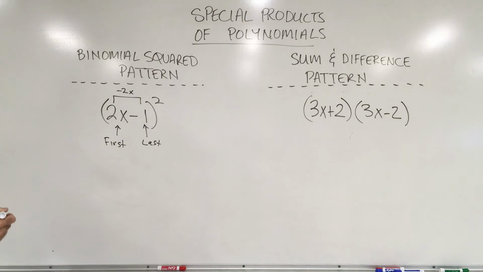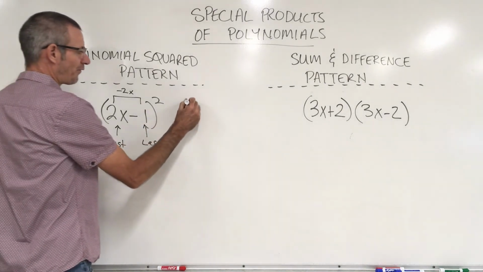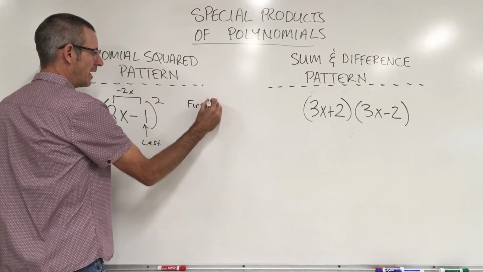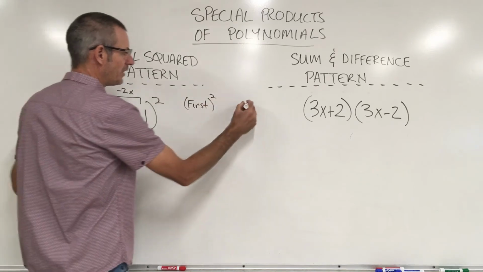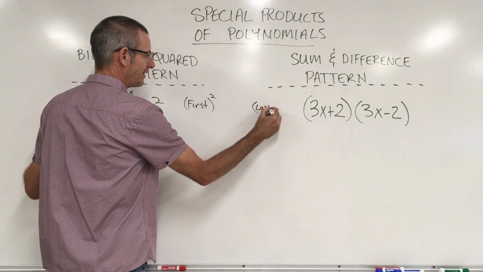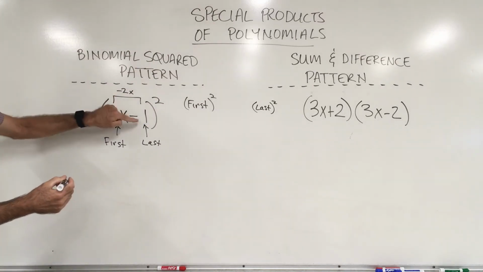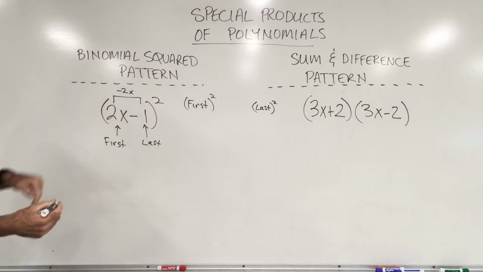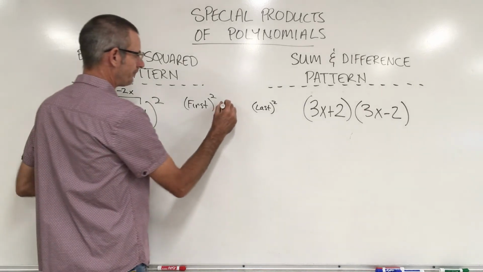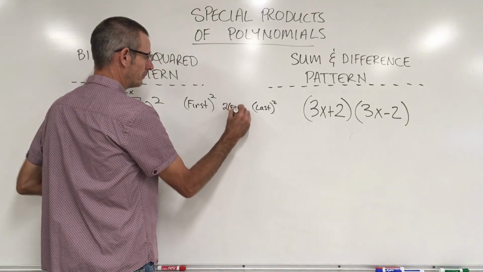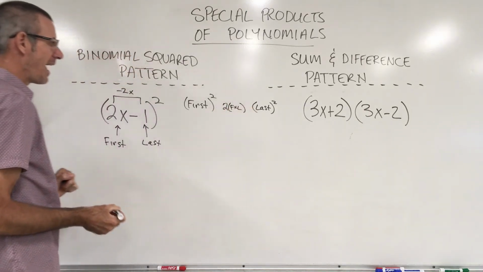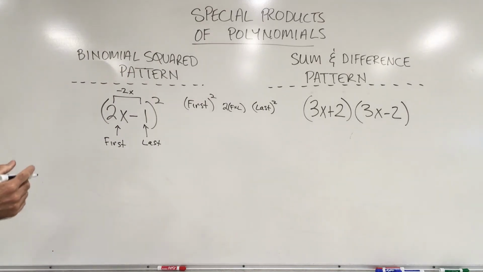So what the pattern says is you're going to take your first and square it. You're going to take your last and square it. And then you're going to take your first times your last and multiply that by 2. And that's how you can use the binomial squared pattern.